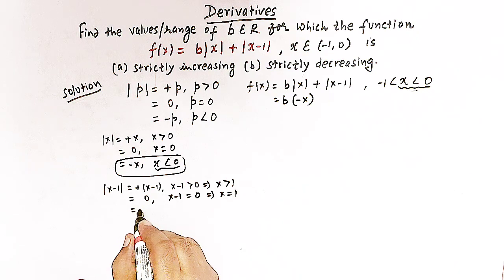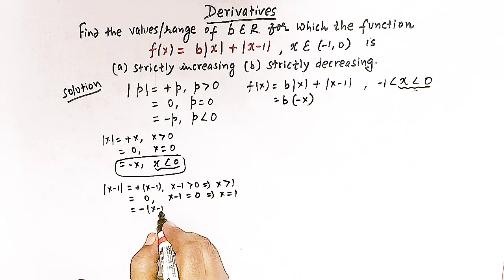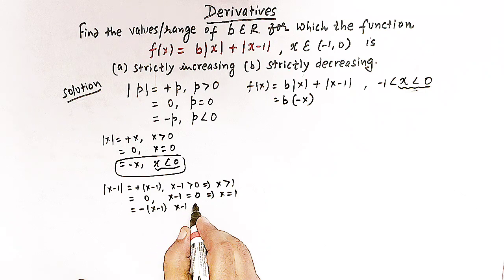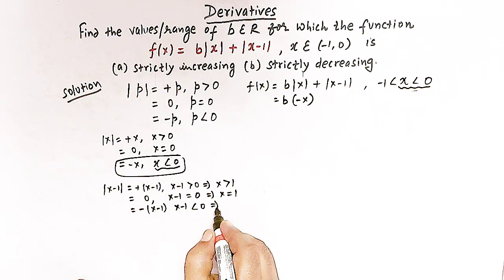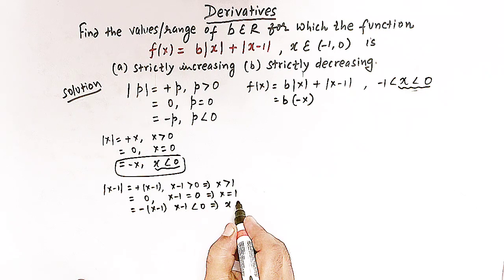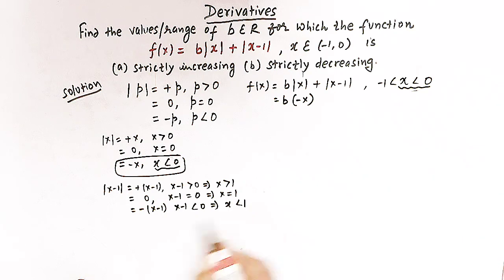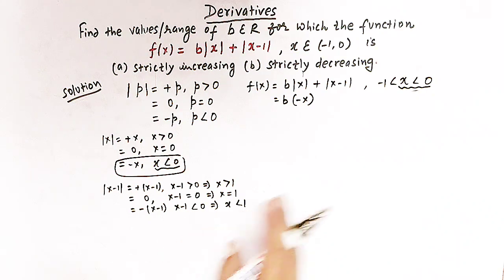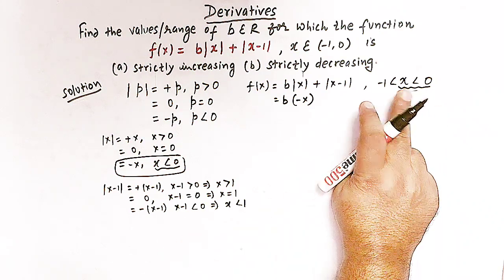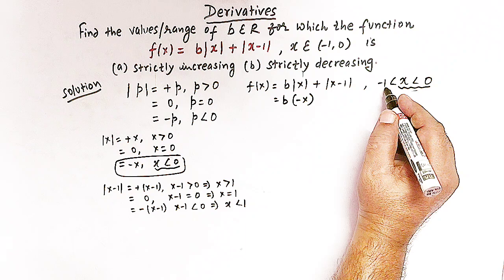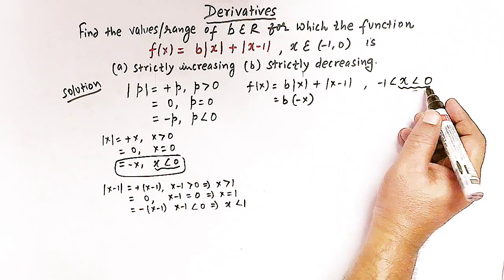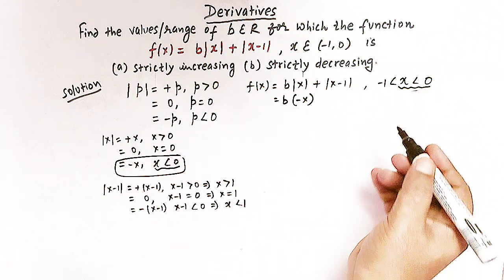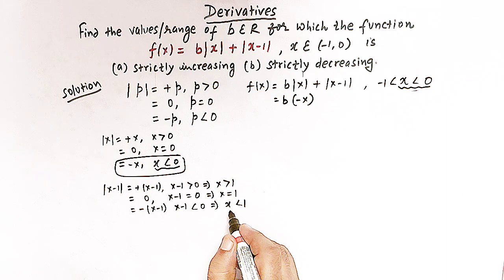Here we have negative of x minus 1 whenever x minus 1 is less than 0, which implies x is less than 1. In the given interval we have x greater than -1 but less than 0, so x is obviously less than 1.